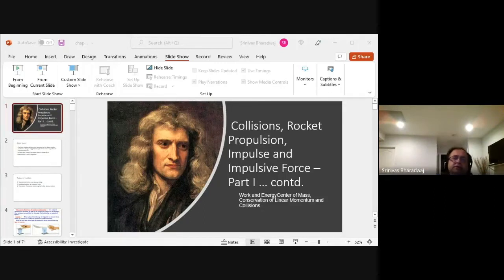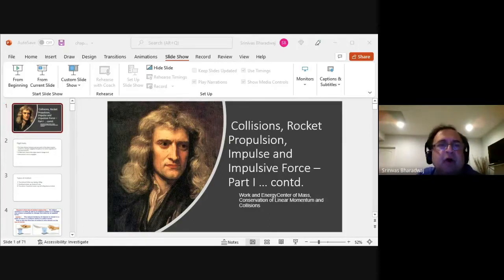Now in oblique collisions, you have two equations, because you have two dimensions where you solve for momentum. Remember, momentum is a vector, therefore it has to be conserved in both dimensions, x and y. There will be conservation of momentum. See right here. A ball of mass m moves with a velocity along the x-axis, strikes another ball of mass 2m kept at rest.